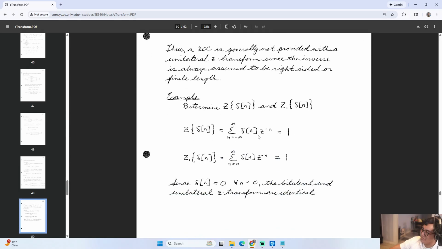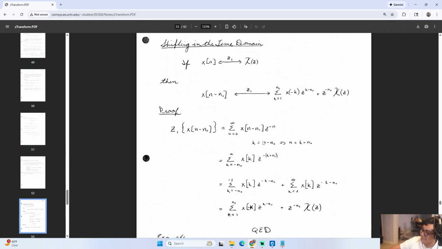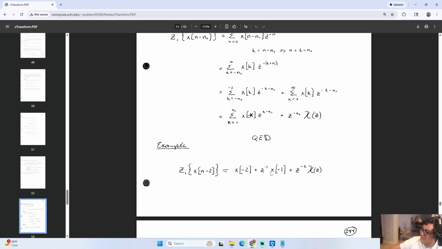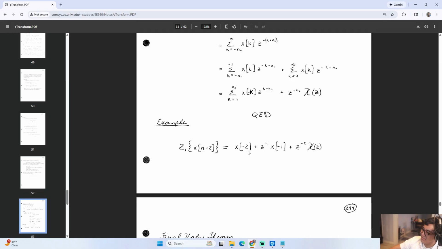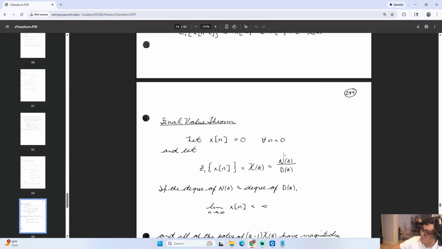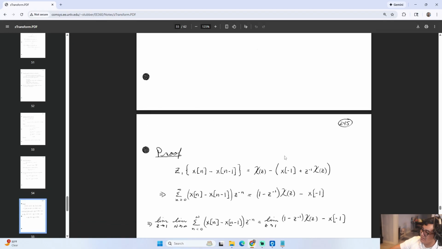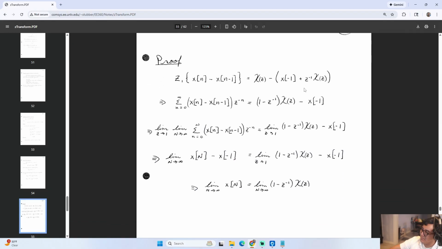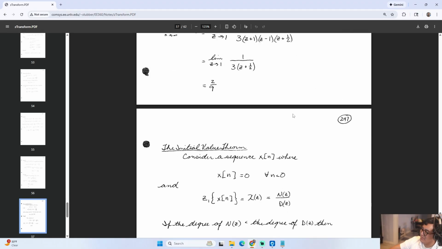Systems. Boom. What else is here? Oh, shifting in the time domain. I think this is it. Yeah, this is it right here. Z to the minus 2, z to the minus 1. Is that our problem?